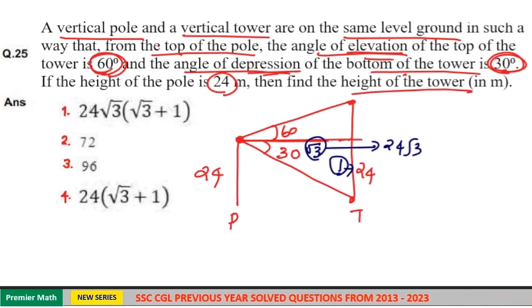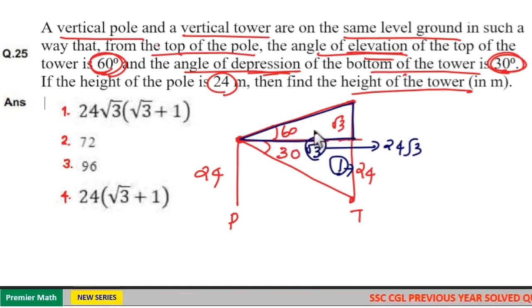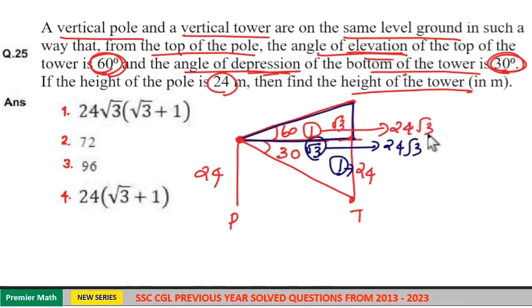Now consider this upper triangle, take tan 60. Tan 60 is equal to root 3, that is root 3 by 1. So opposite side and adjacent side are in the ratio root 3 is to 1. Now from this upper triangle, this is one part, and this horizontal distance is given as 24 root 3, which is constant.